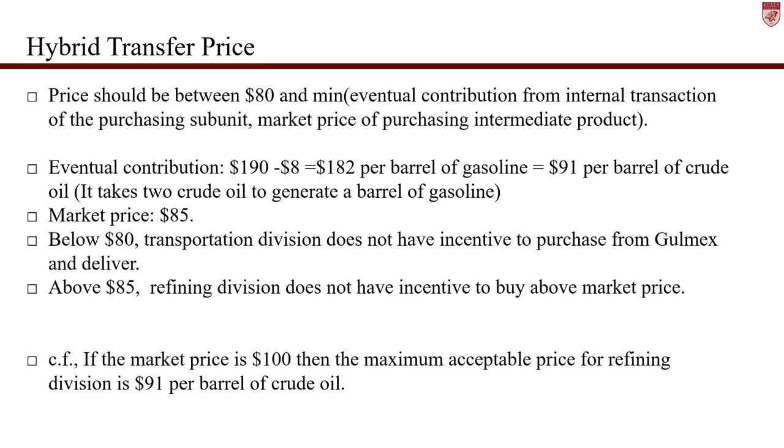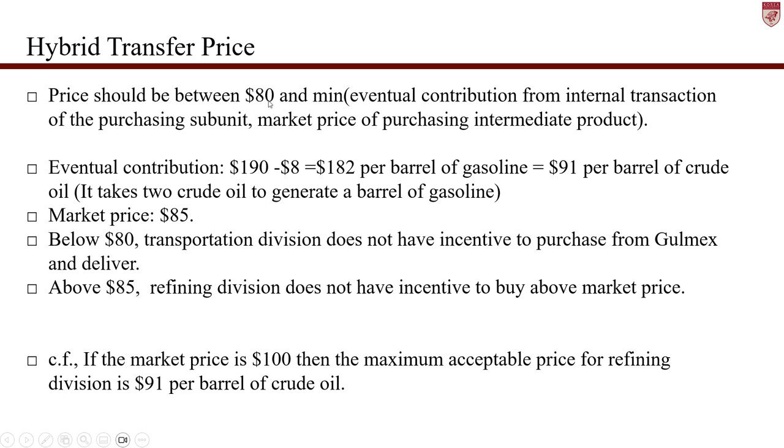Then what is going to be our price? So when setting a price, there is always going to be the minimum price and the maximum price. The minimum price actually comes from the selling subunit, right?